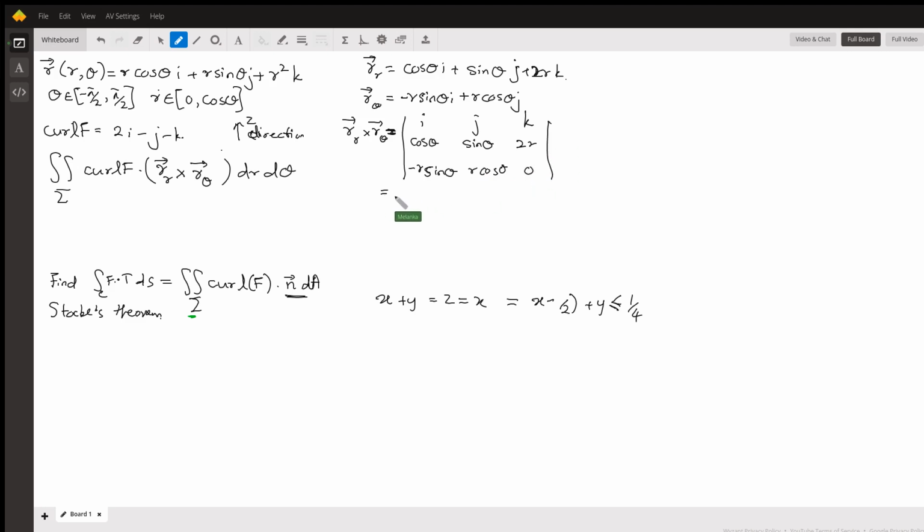Okay, let's work this out. For i, you multiply this and this, and take the difference. So we just have negative 2r squared cosine theta. I'll just work out the rest as usual and see what we get.